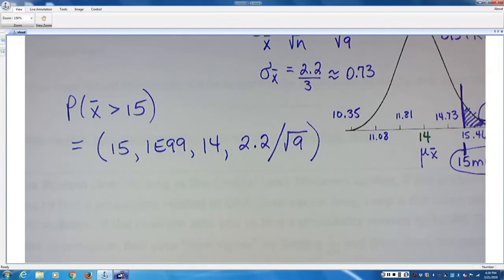That's what you put in your calculator. Just like we did before. From 15 to infinity with a mean of 14, standard deviation of 2.2, divided by the square root of the sample size. This is the only thing that's new, is dividing by the square root of the sample size.